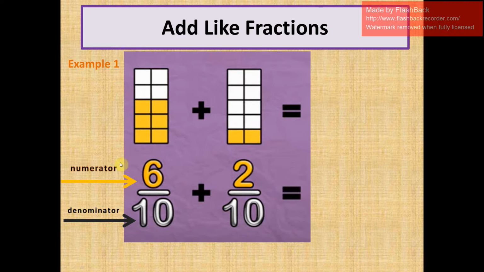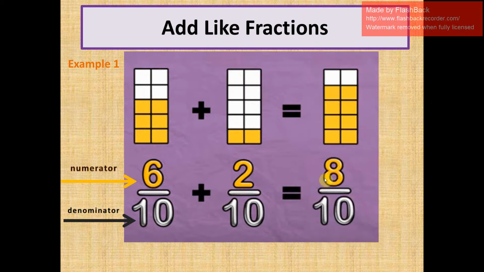Now, the rule for adding fractions with the same denominator: you have to add the numerators. 6 plus 2 is 8, and here you will keep the denominator.